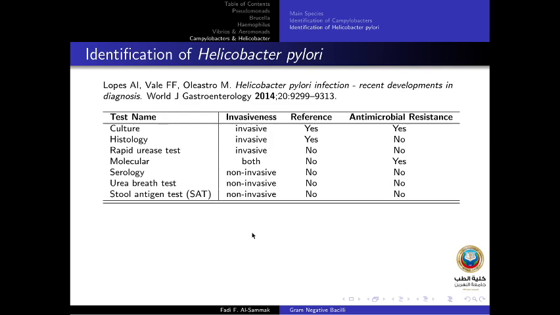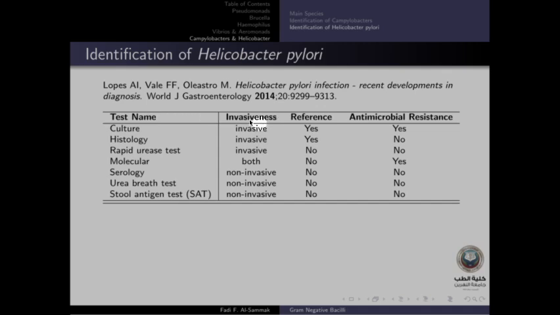Now, for the identification of Helicobacter pylori, you can see here in this table we have the test name, the invasiveness, meaning how it is going to be carried out and whether it is invasive to the patient or not, and whether it is a reference or not.